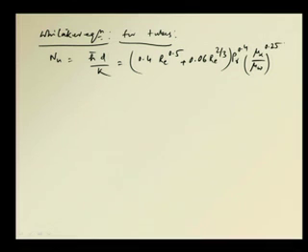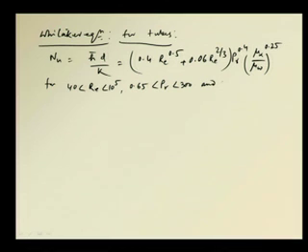This is applicable for 40 less than Reynolds less than 10 to the power 5, 0.65 less than Prandtl less than 300, and 0.25 less than mu infinity by mu w less than 5.2.